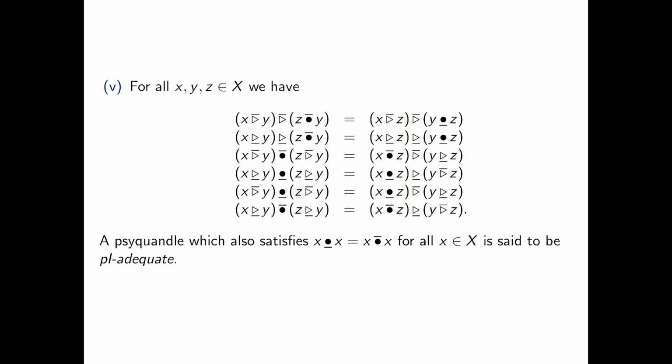So if you have your Psyquandle structure satisfying axiom 0 and then 1 through 5, those axioms are motivated by the generalized Reidemeister moves.